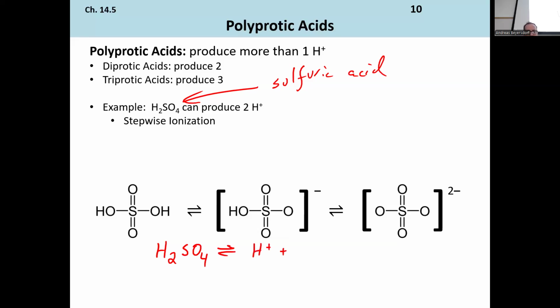It'll be left with HSO4 minus. It lost an H+, so that means it had H2, now it's H, and it went from a neutral to being negative. And then that second one can lose another H+, and become SO4 2 minus.